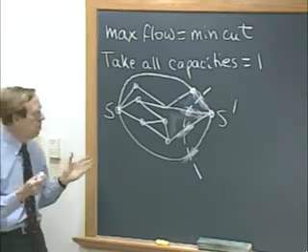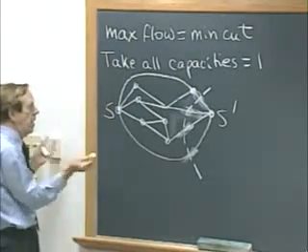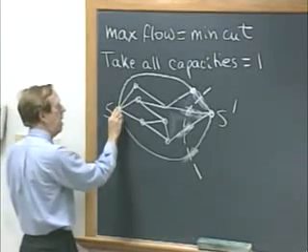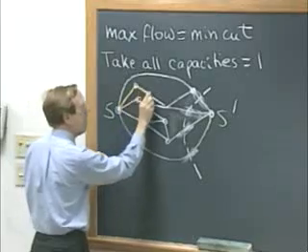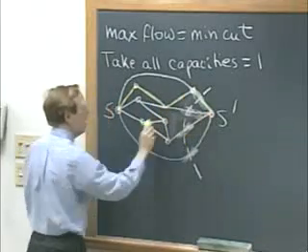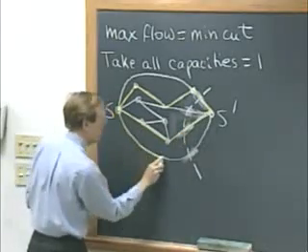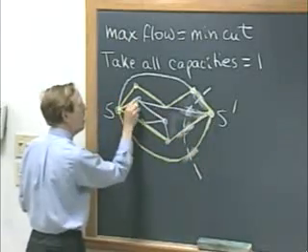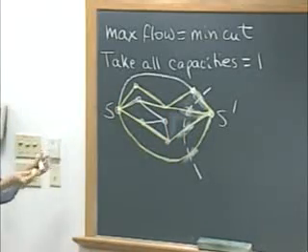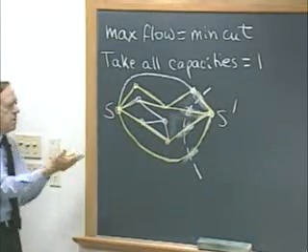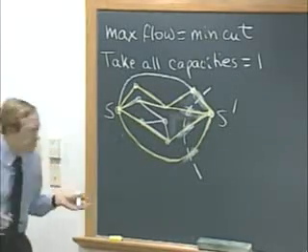And let me draw the paths that it could follow, one set of paths. Let's see, I could send 1 along this path, and I could send 1 along this path, and 1 around here, and 1 straight through there. So notice that those paths are disjoint, separate paths.